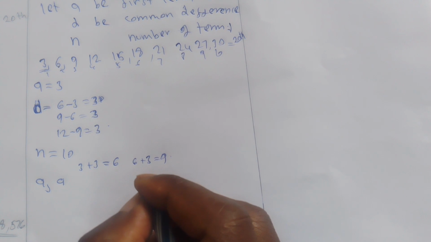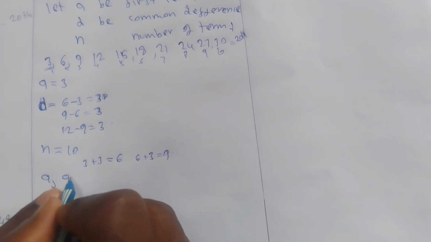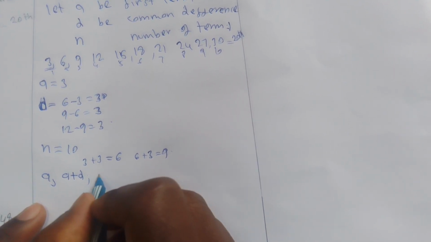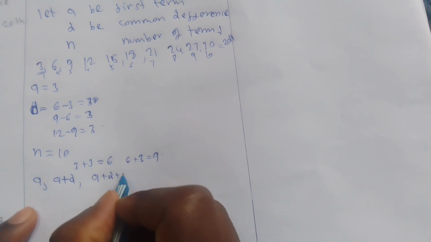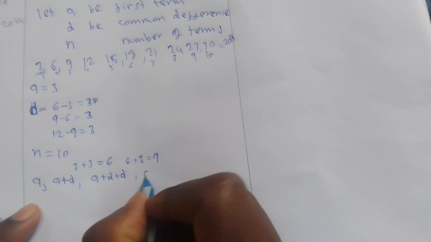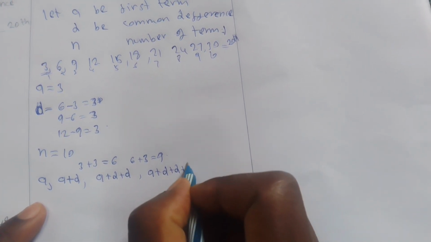So the first term is a, the second term is a plus d, and the third term is a plus d plus d. The fourth term is a plus d plus d plus d.